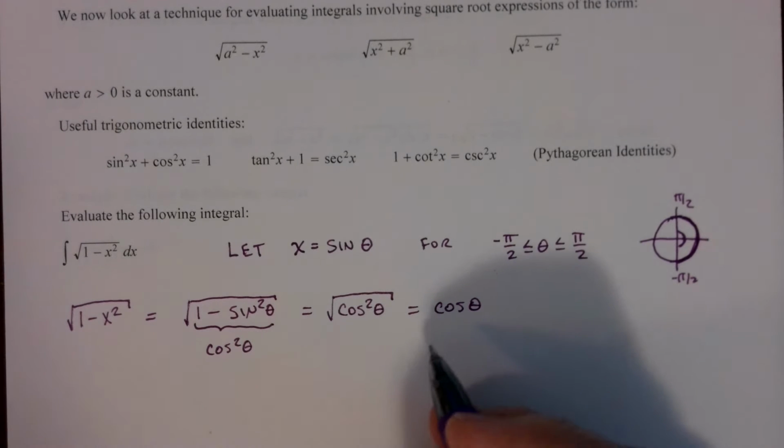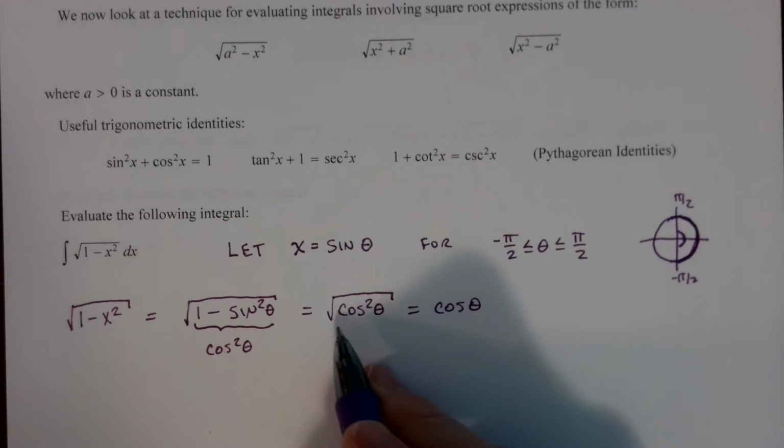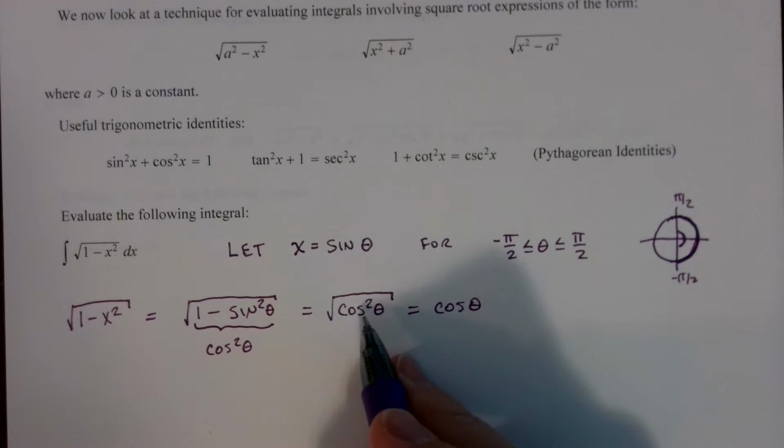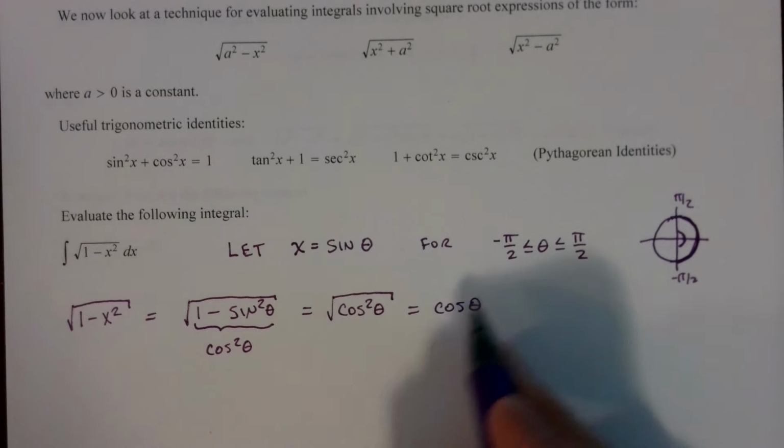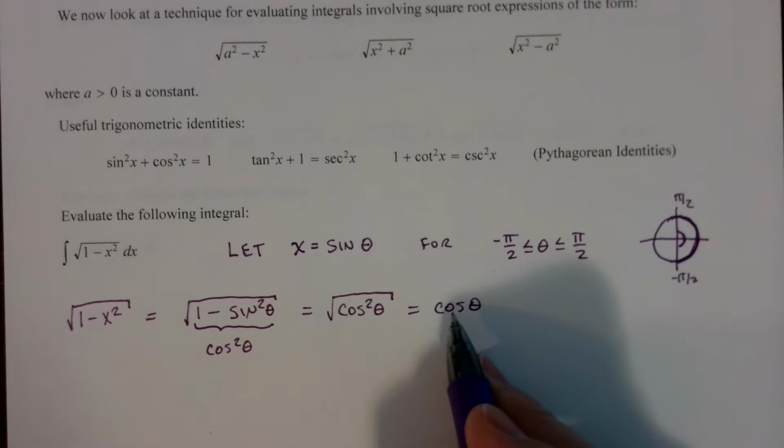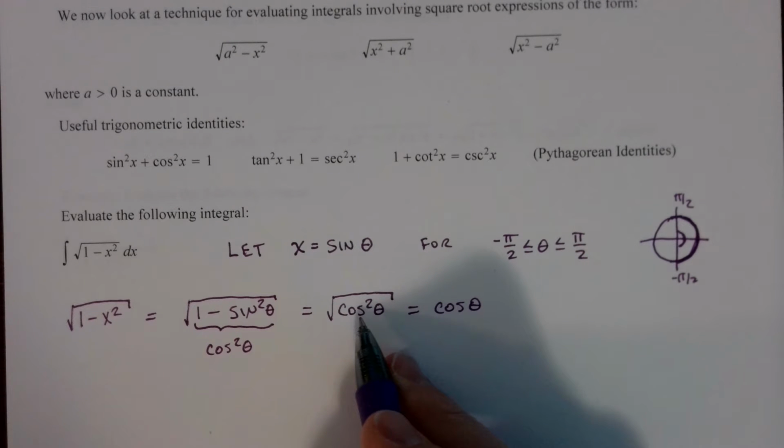Now, you might have a little question here. When you take the square root of cosine squared theta, we actually get the absolute value of cosine theta, because if the cosine of theta were a negative number and I square it, I get a positive. The square root is positive.